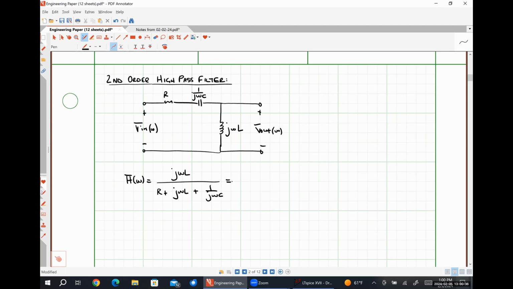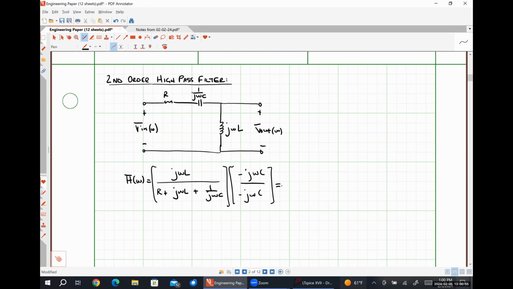Actually, it looks like what I did, and then we explicitly put this here because it's slightly different than everything I've done. To get rid of a negative sign, I multiplied by a negative j omega C over negative j omega C. I just didn't want to have a negative number in the numerator.